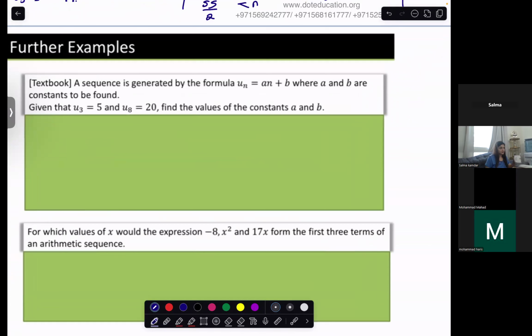How would you do this? We haven't been given an equation. We know the U3 and the U8. The sequence is generated by this formula.